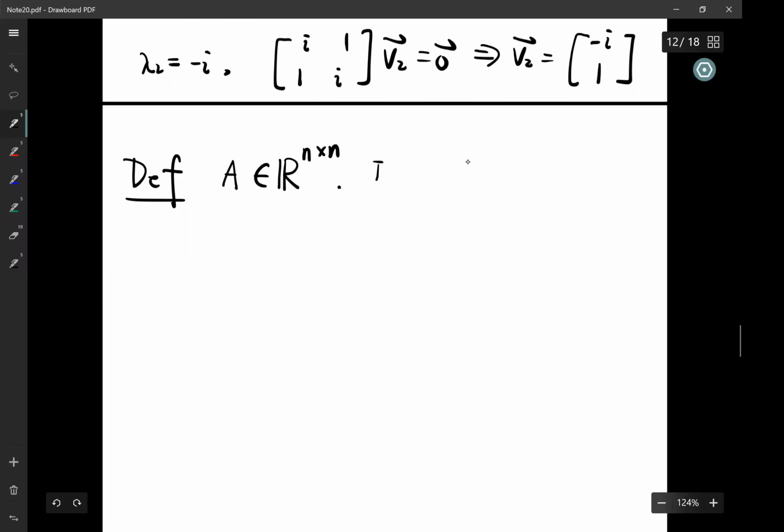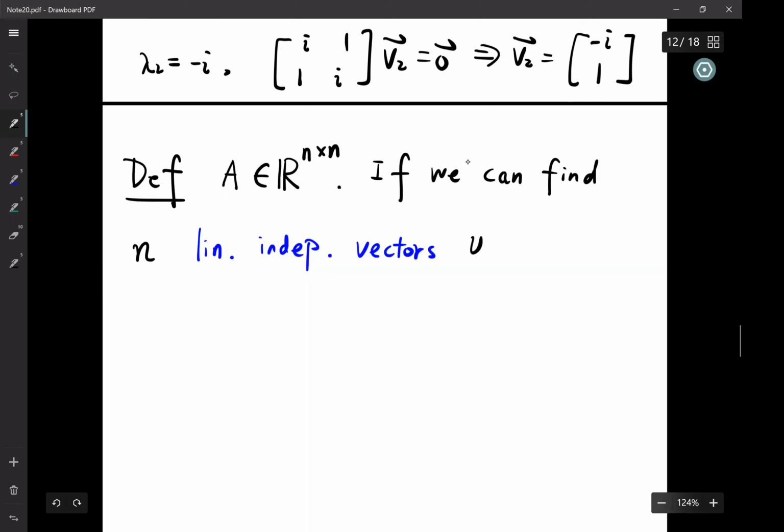If we can find n linearly independent vectors v1, ..., vn, such that A vi equals lambda i vi, this line means that all the v's are eigenvectors.